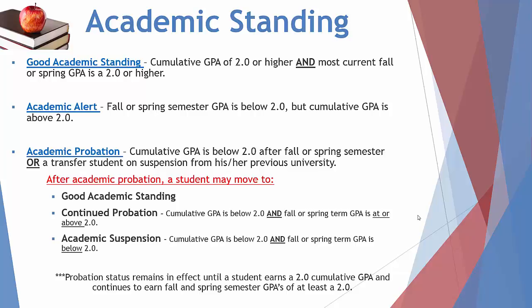Academic probation means the cumulative GPA is below 2.0 after a fall or spring semester, or includes a transfer student on suspension from his or her previous university.